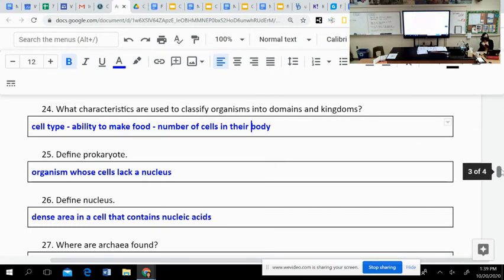Then 25 is defining prokaryote. That is the organism whose cells lack a nucleus. Your nucleus is a dense area in the cell that contains nucleic acids. We will get into those more as well in the later part of chapter 2.